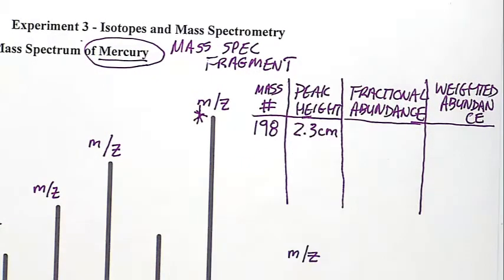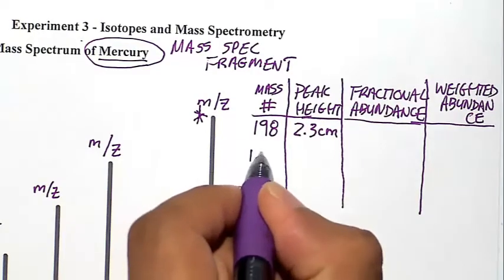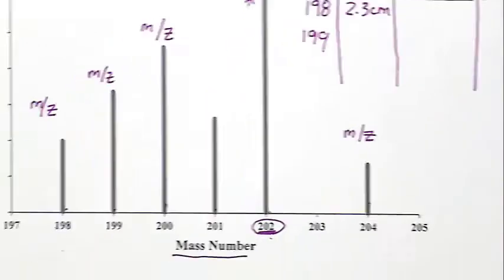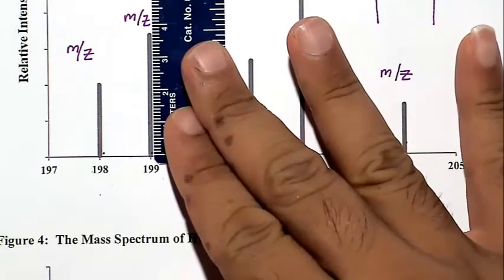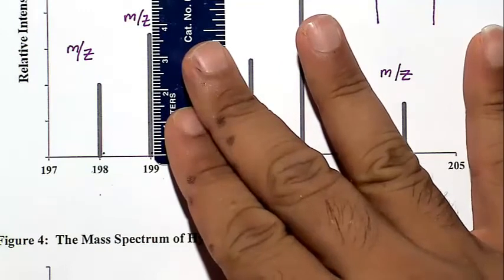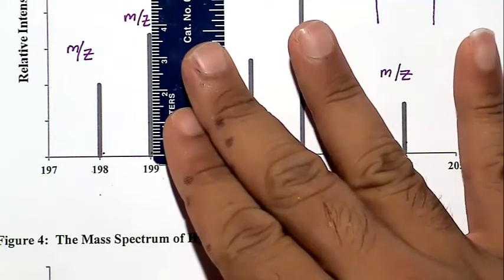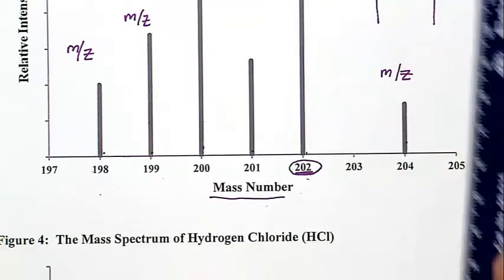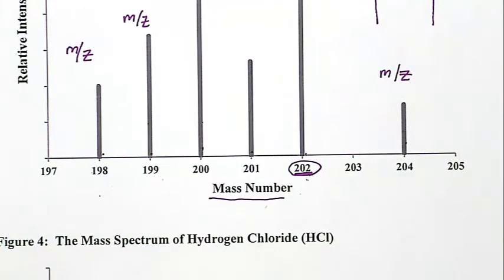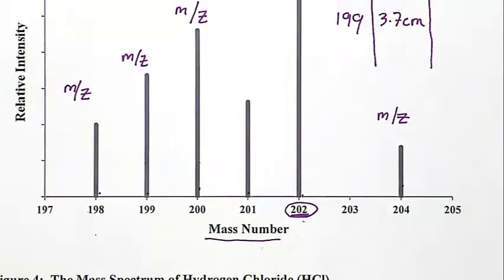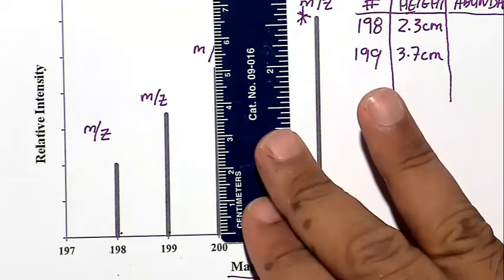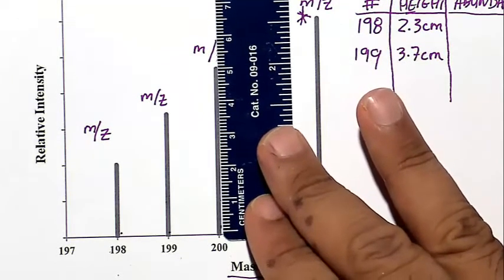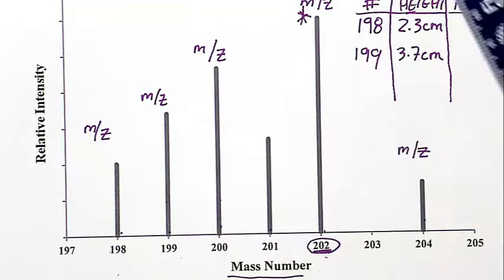The peak height of my next isotope, mass number 199, will be around 3.6, maybe 3.7. So I'll go with 3.7 centimeters. Mass number 200 will have a peak height of around 5 or 5.1 centimeters.